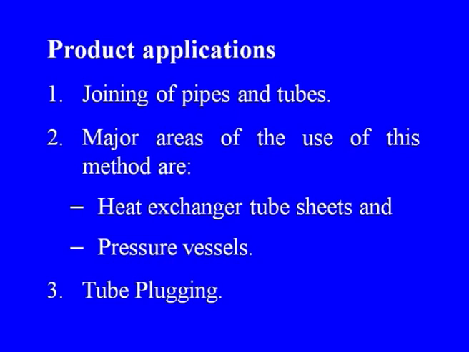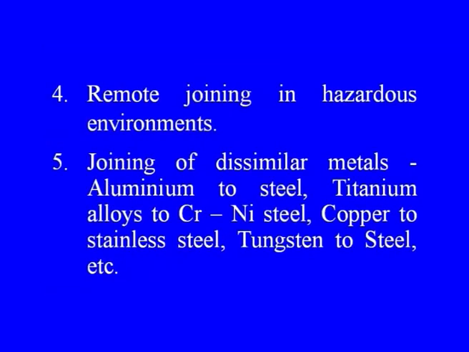Major areas of use of this method are heat exchanger tube seats and pressure vessels, tube plugging, remote joining in hazardous environments, joining of dissimilar metals, say for example, aluminum to steel, titanium alloys to chromium nickel steel, copper to stainless steel, tungsten to steel, etc.